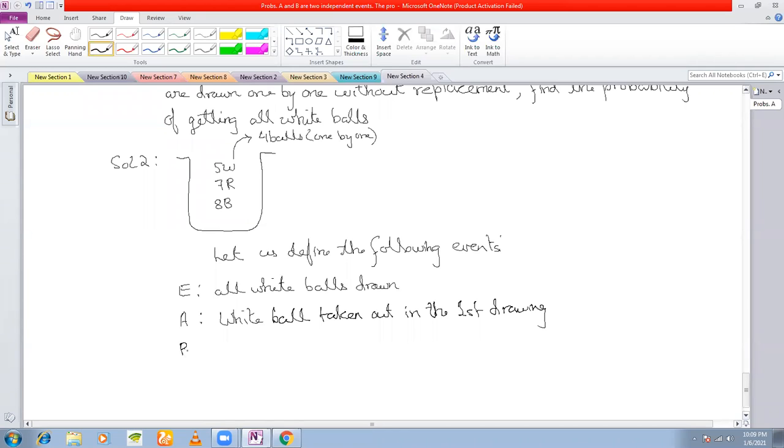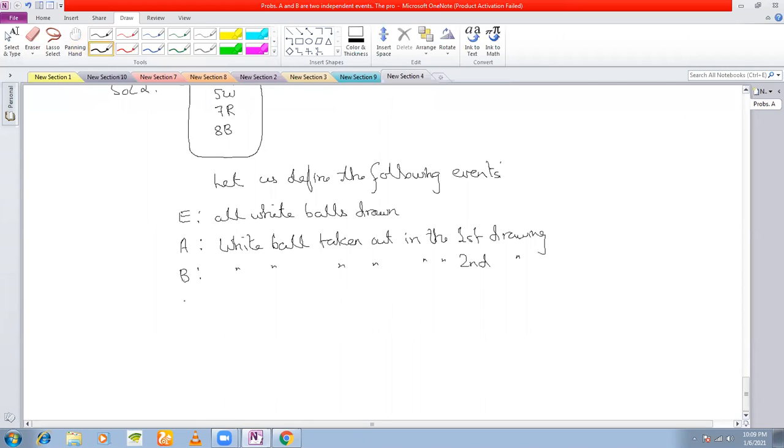Next event, again white ball taken out in the second drawing. Third event, white ball taken out in the third drawing. And fourth event is white ball taken out in the fourth drawing.